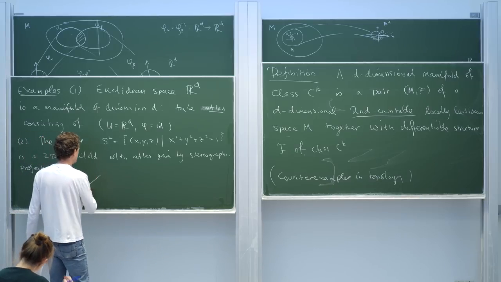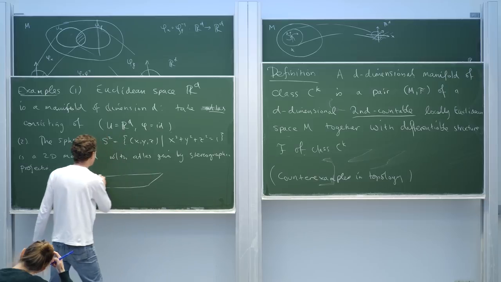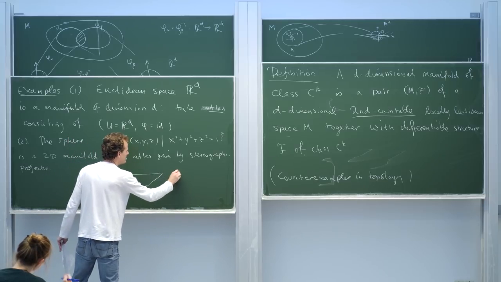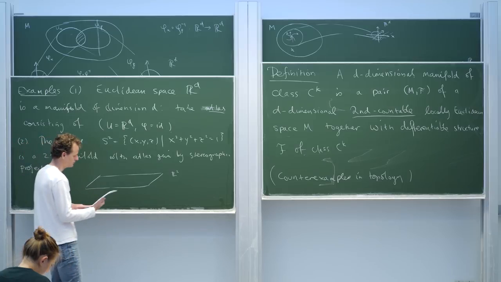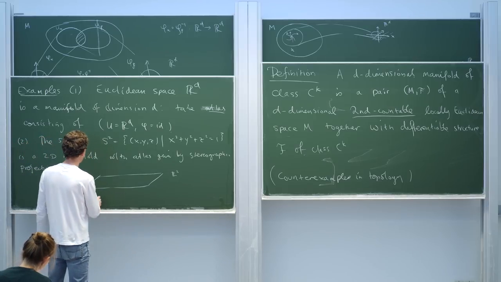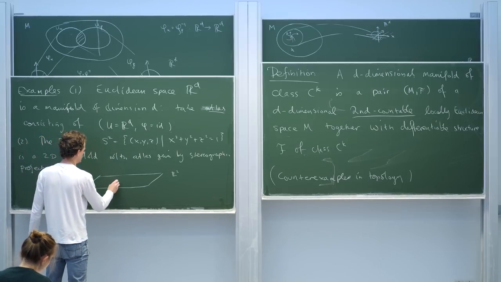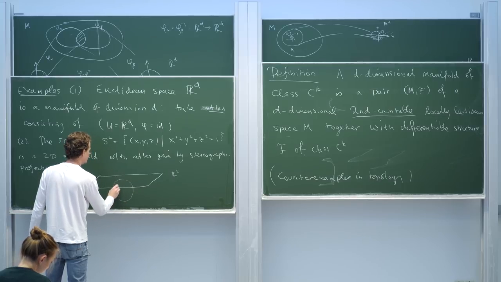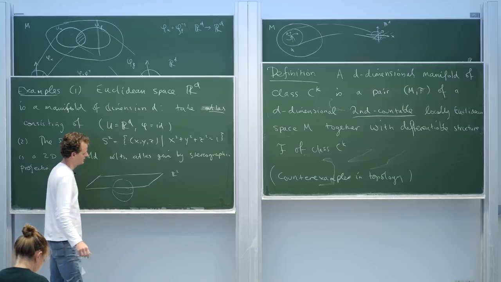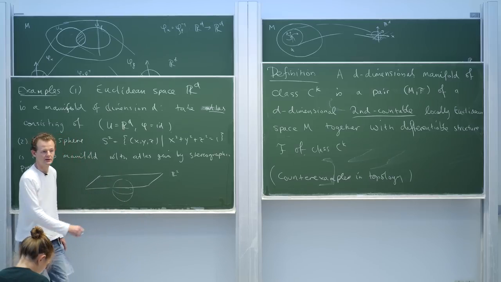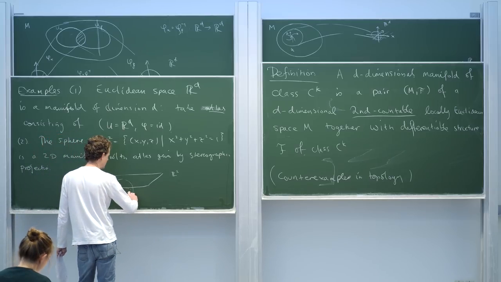So you take this, which is R2 here, and you put the sphere underneath it. Then you sit on the south pole and draw a line through the sphere.